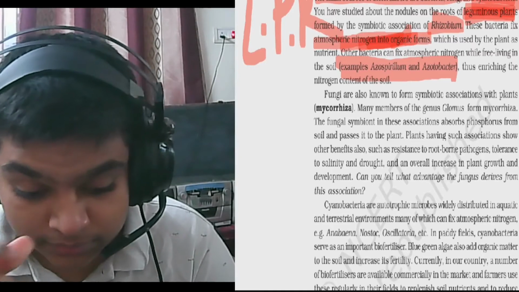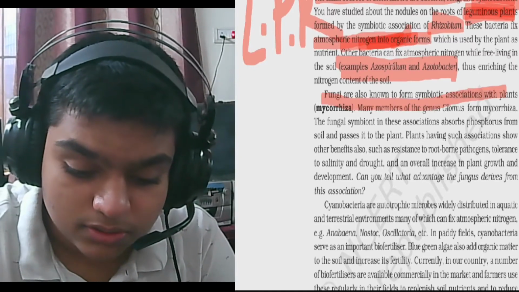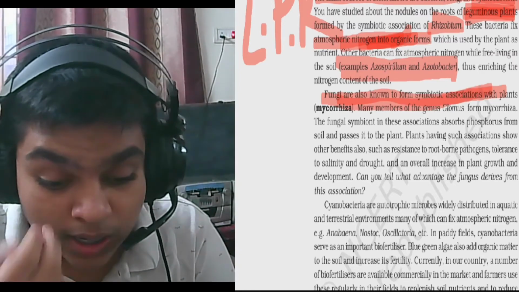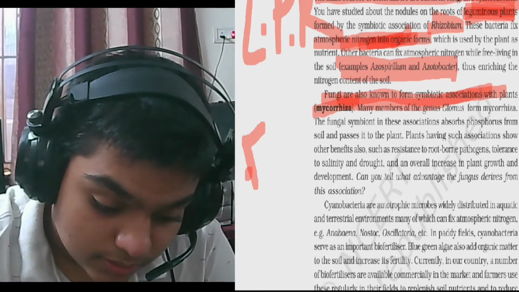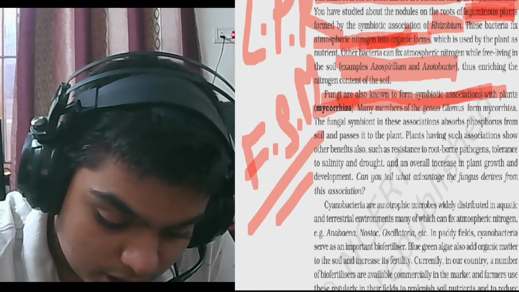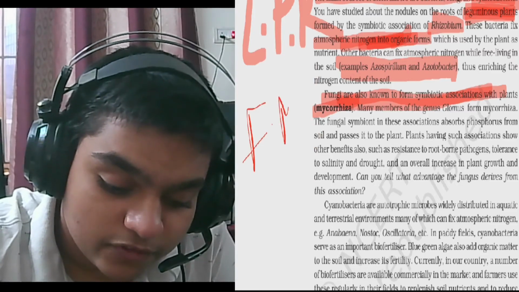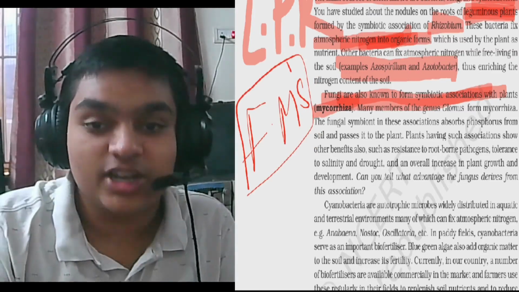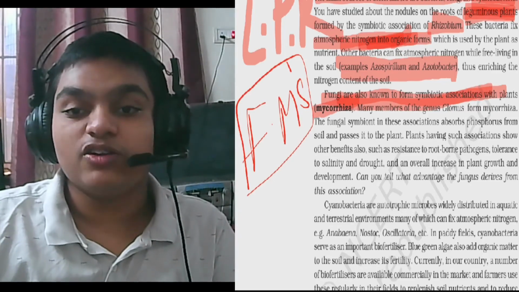Fungi which are known to form a symbiotic association with plants are called mycorrhiza. Let's write like this: FMS, fungi mycorrhiza symbiotic association with plant roots.